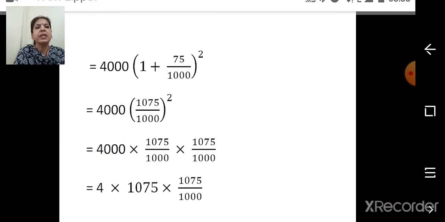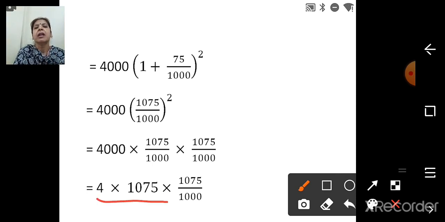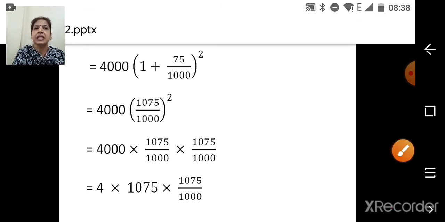When 3 numbers are there to solve, we will solve these two: 4 into 1075. Children, we can also reduce it by 25 or 5 and so on. But wherever possible, first try to keep the denominator in multiples of 10. The calculation becomes easy.